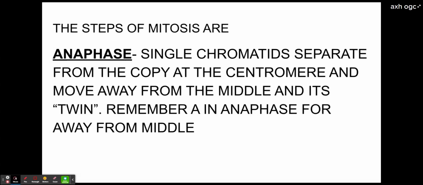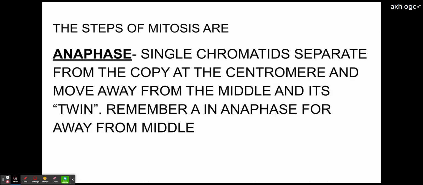Then anaphase is when the sister chromatids that were part of that X move to each side. So they're separating at the centromere and moving towards either pole. Remember, they're twins, so each side is going to get one exact same copy. So one way to remember that is that anaphase are moving away from the middle.